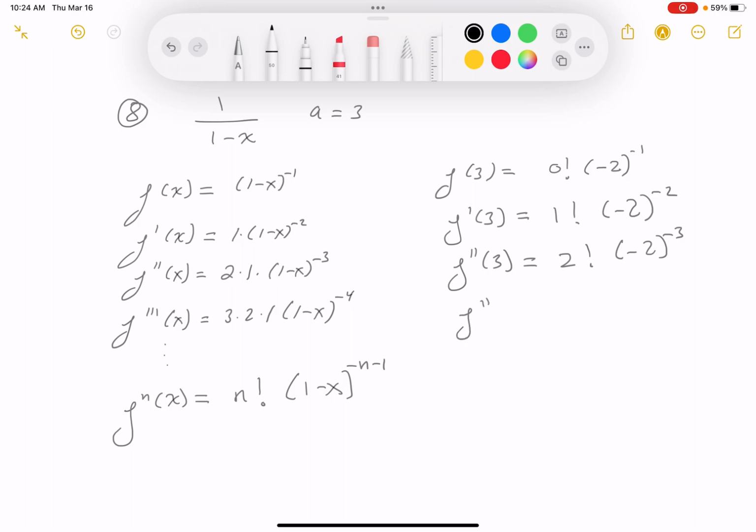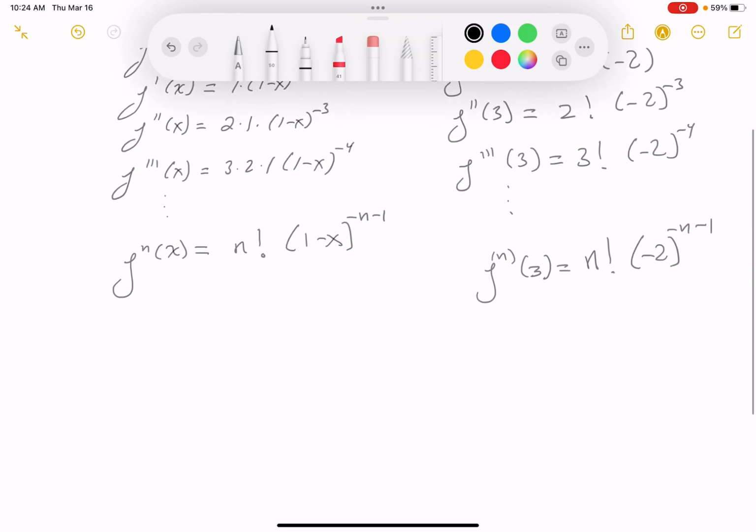F triple prime at 3 is going to be 3 factorial times minus 2 to the minus 4. And kind of moving along, the nth derivative evaluated at 3 is going to be n factorial times minus 2 to the minus n minus 1.